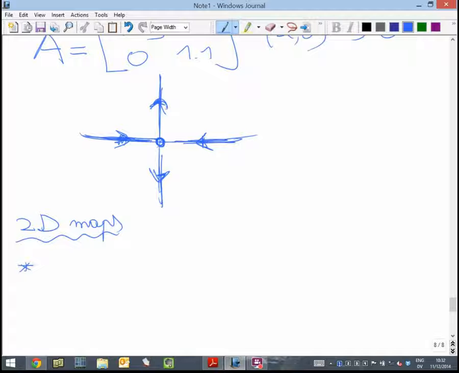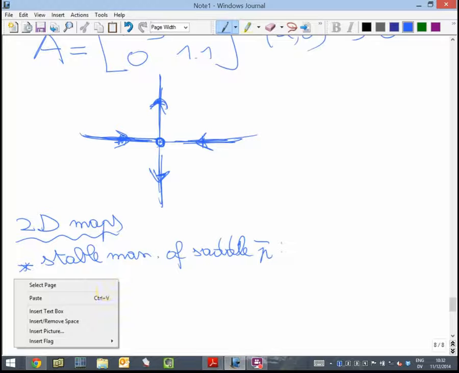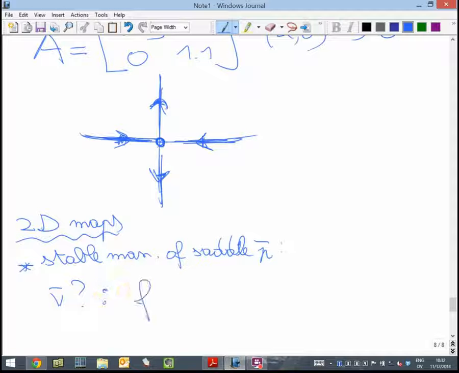But what's then the definition of a stable manifold? Well, the stable manifold of a saddle point P is the collection of all of the points, all of the vectors v, for which the following is true: if you apply the map n times to our vector v, then the distance to the saddle point goes to 0 as n goes towards infinity.